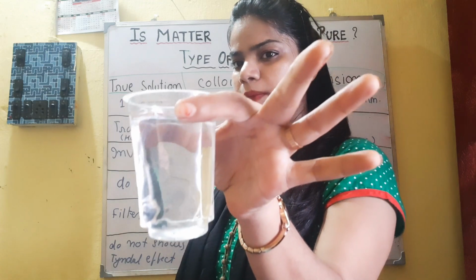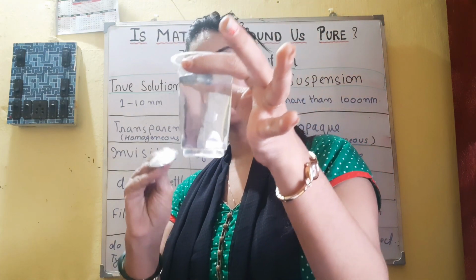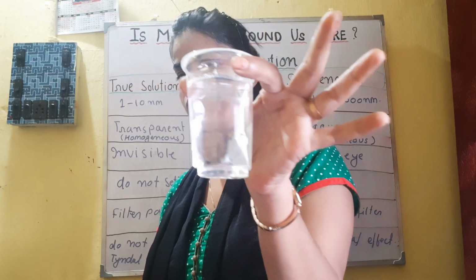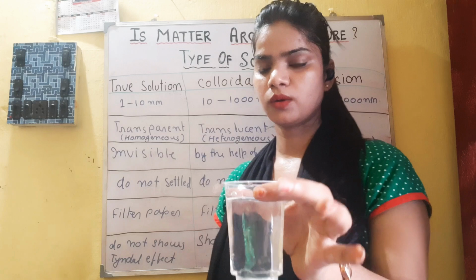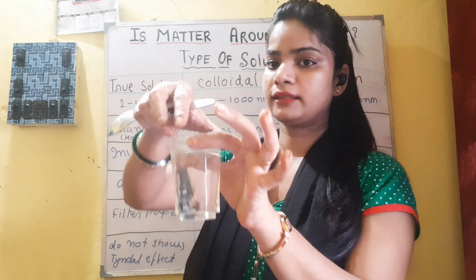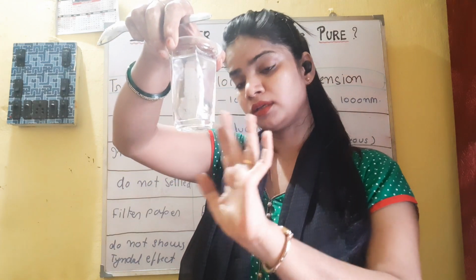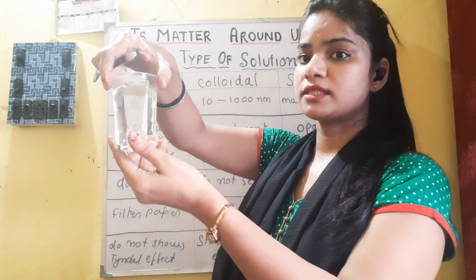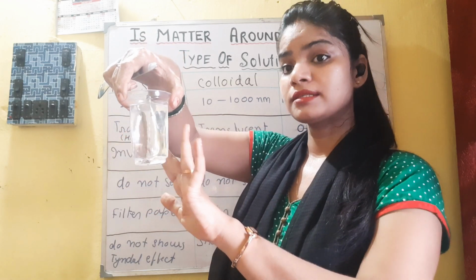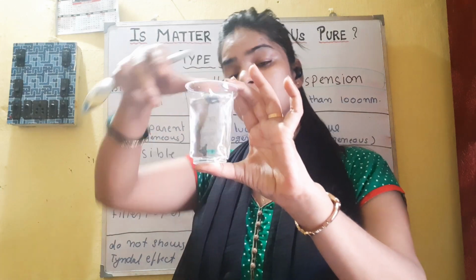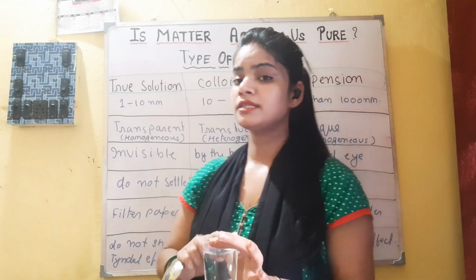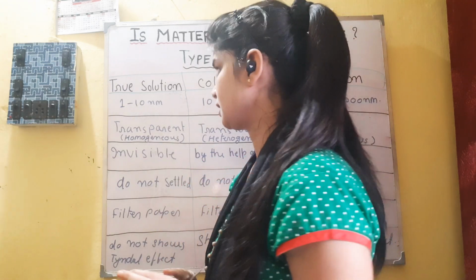Can you see the salt particles? It gets uniformly mixed, completely dissolved in water. So this is homogeneous, and as you can see, this is completely transparent. We can see both sides clearly. So this is a true solution.